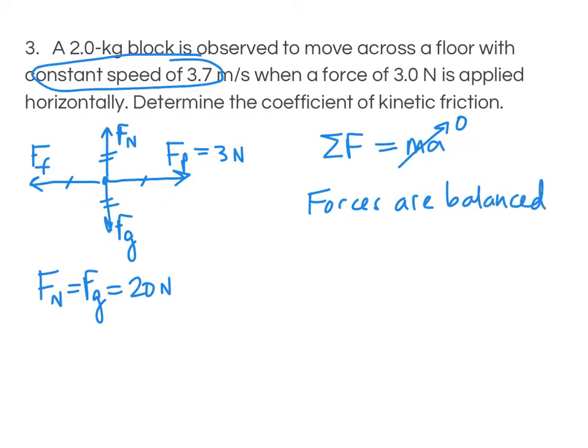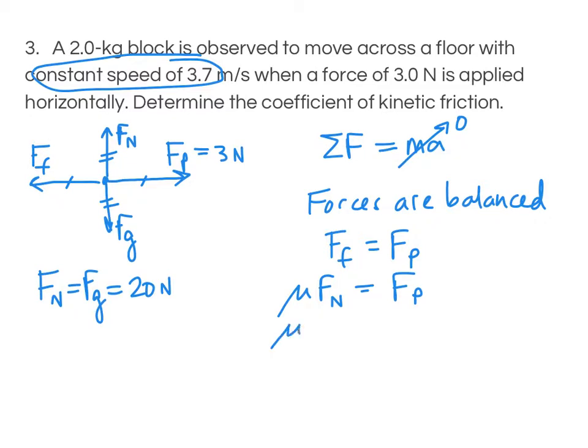And so my frictional force has to equal my applied force. And my frictional force is, of course, mu times the normal force. At this point, I have everything I need, and I can plug in what I'm looking for.